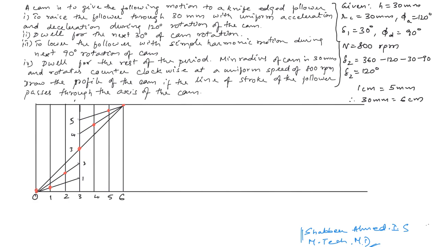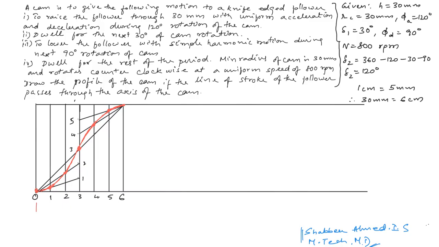So now, using a smooth curve, we will just join it. So this will be the displacement curve for the follower with uniform acceleration during ascent.